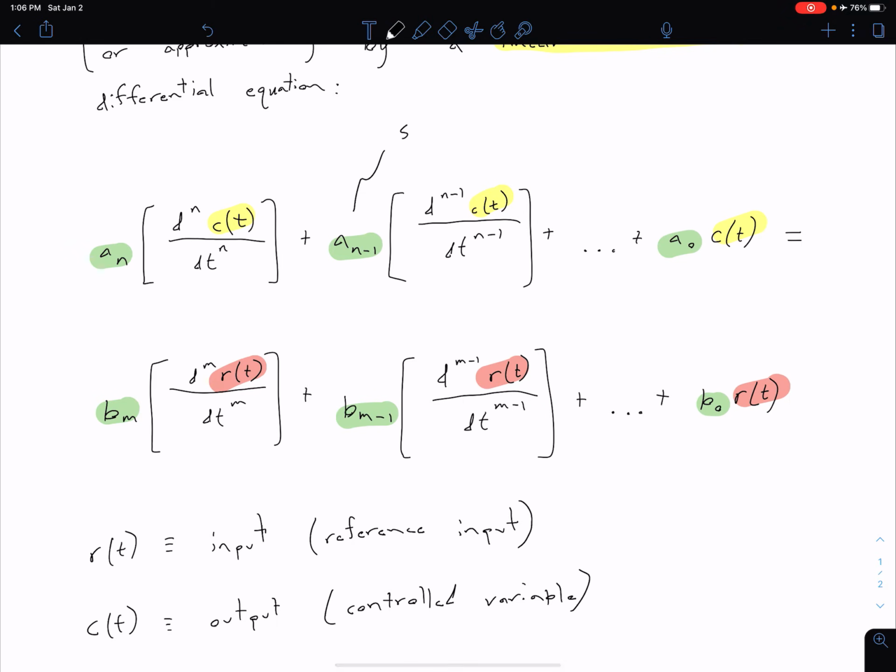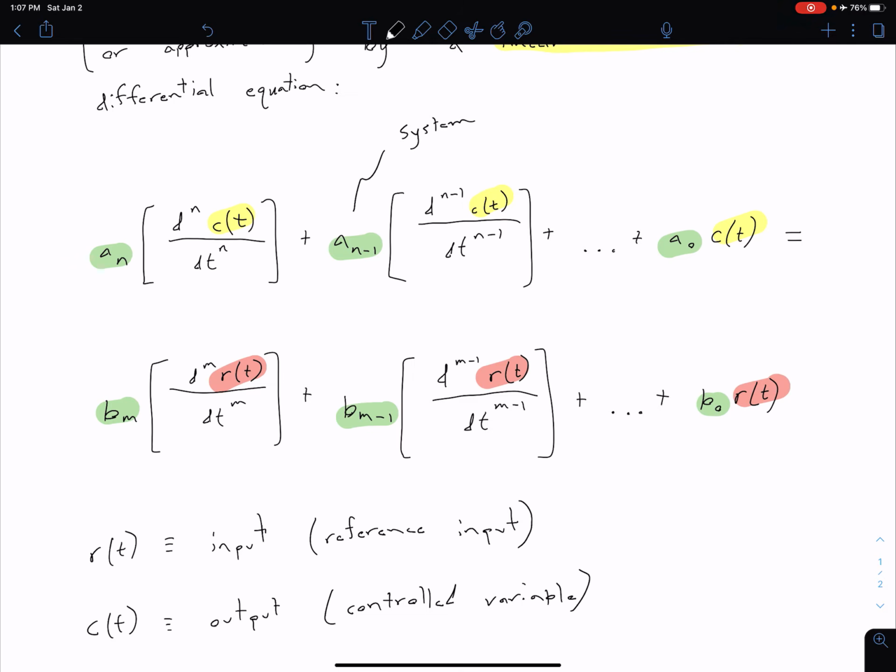So as you might imagine, particularly for higher order systems, where this n or this m value is higher, we have a higher derivative order, and it can get a little complicated to parse out what separates our coefficients, which represent our system, from our input or output if we're trying to solve for one thing.